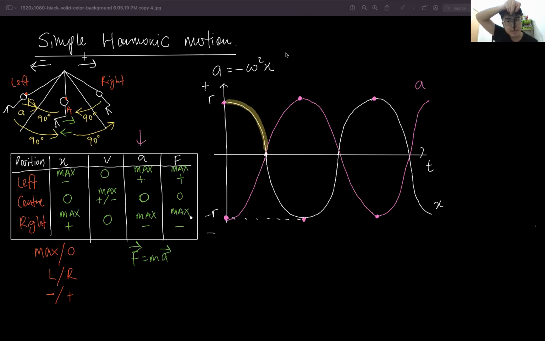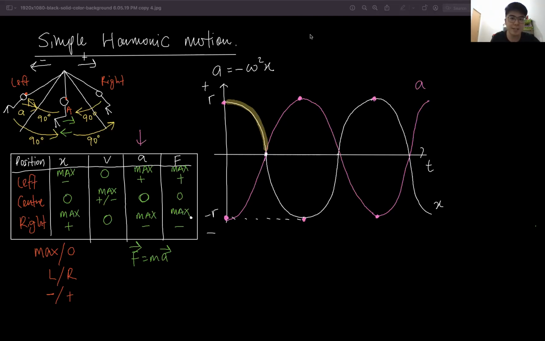So at the center is the maximum. And what about the direction of the velocity? Is it towards the left or towards the right? Towards the left, because you start swinging from the right, you're moving to the left. So as it reaches the center, is the velocity a plus or a minus? The velocity is a minus because it's facing to the left, right?